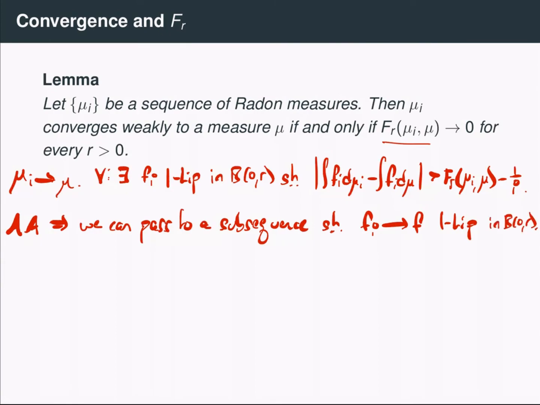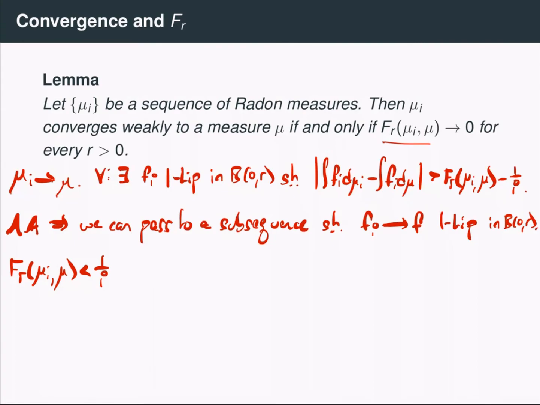So thus, let's look at F_r of mu_i, mu. This was less than 1 over i, by this inequality over here, 1 over i plus this difference of integrals. Now what I'm going to do is add and subtract f from the first of these integrals and then apply the triangle inequality.